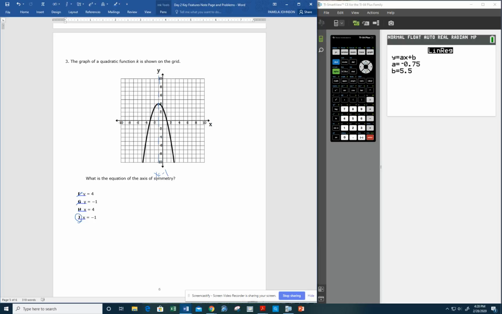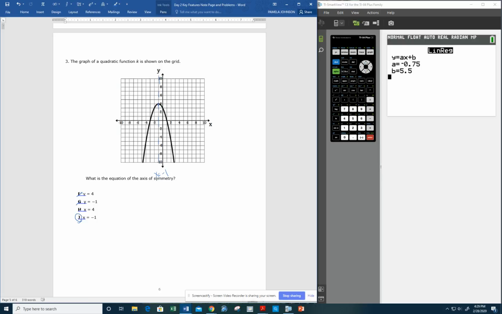Okay. At this time, pause the video, look through your packet, your test pack, and see if you can find the 4 quadratic key feature questions. Okay, there are 4 of them.